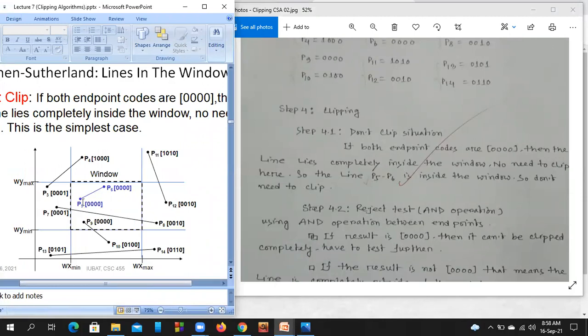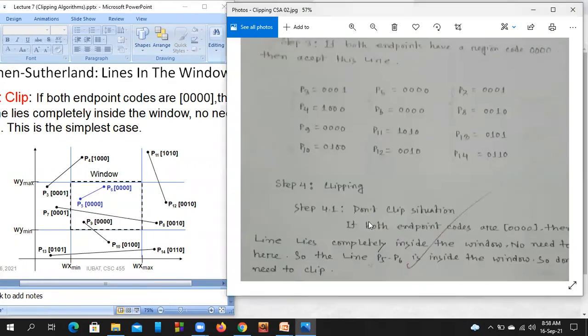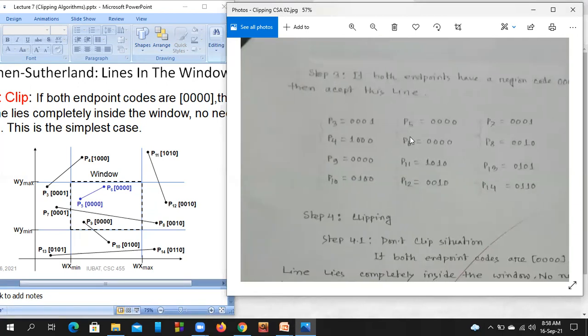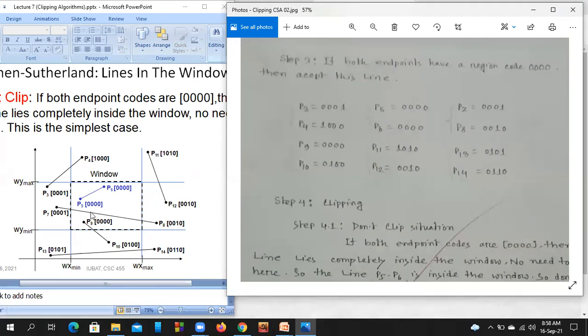Out of all the lines, as you can see, P5, P6 is the only one with both endpoints 0000, so we will keep it.